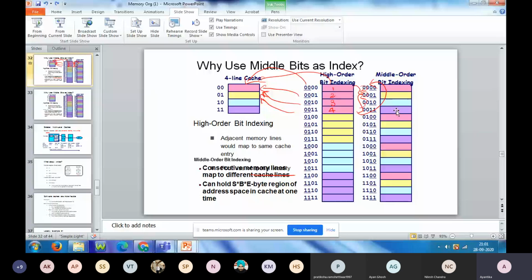This is the important concept: how you index your main memory blocks and map them to your cache has a very important effect on your overall performance. Okay, is it clear?